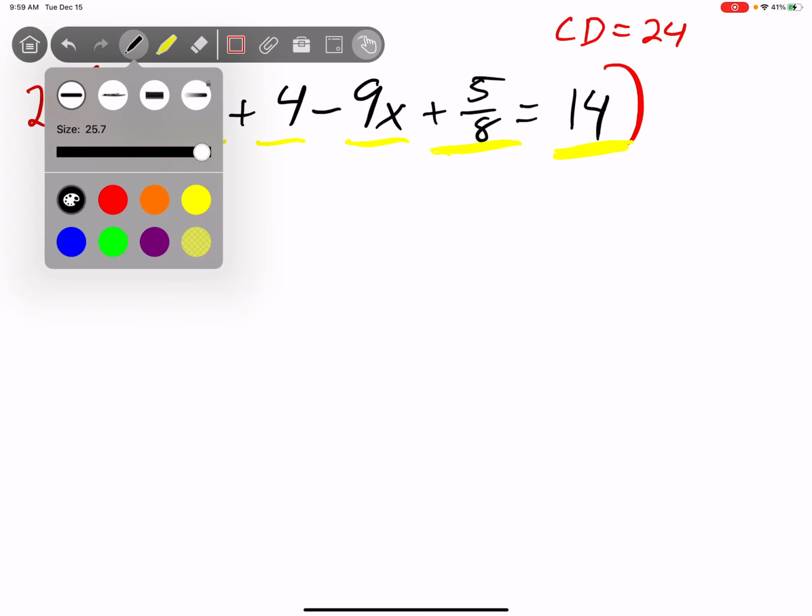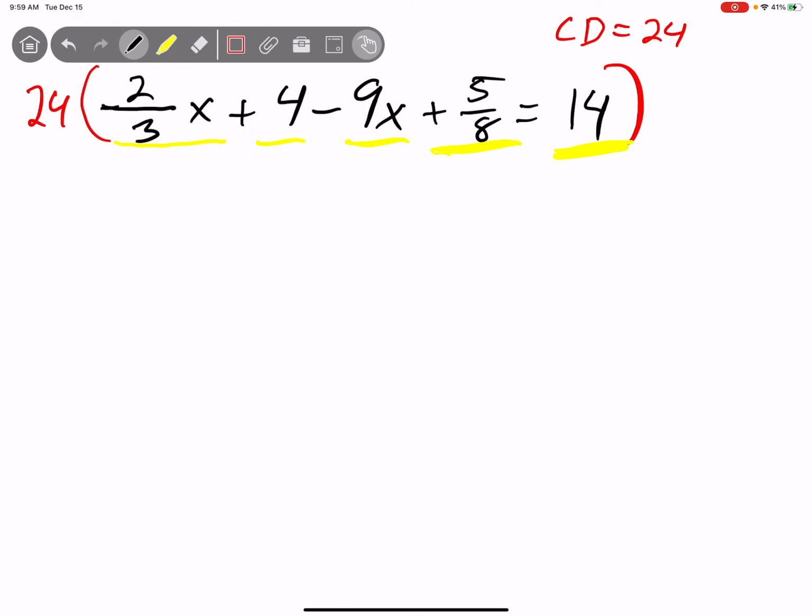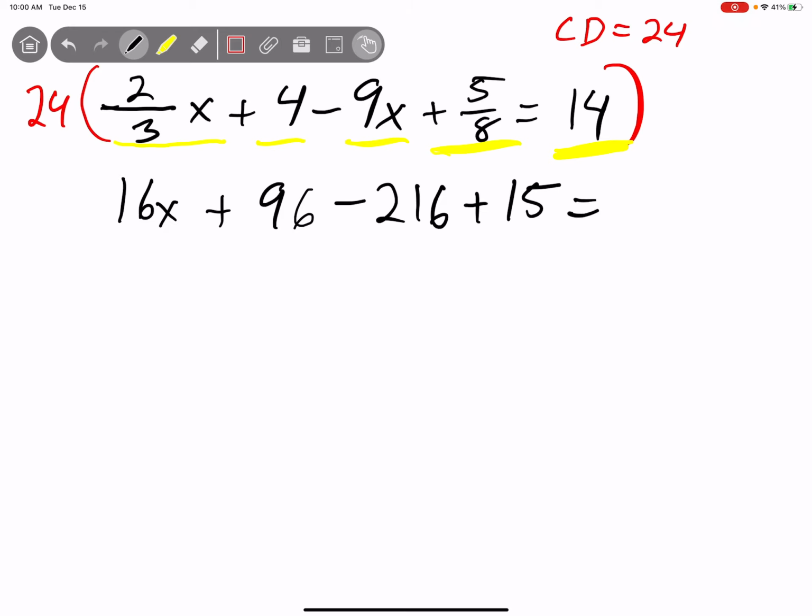So if I do this, 24 times 2/3, 24 divided by 3 is 8, times 2 is 16. I get 16x plus 24 times 4 is 96 minus 24 times 9 is 216 plus 5/8 times 24 is 15, and 14 times 24 is 336.